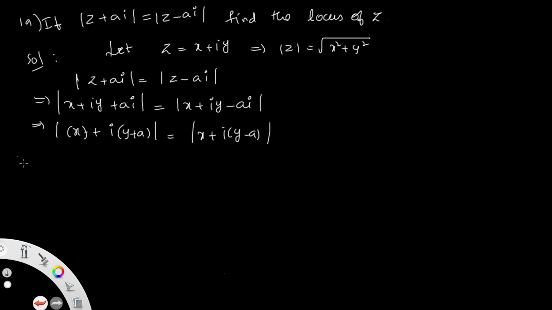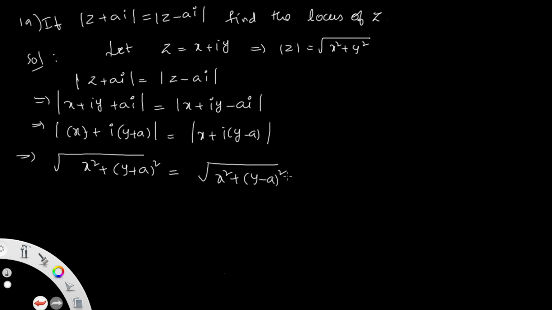So that is nothing but root over x square plus (y plus a) whole square. Similarly here also, x square plus (y minus a) whole square. Now squaring on both sides, you get x square plus (y plus a) whole square equal to x square plus (y minus a) whole square.